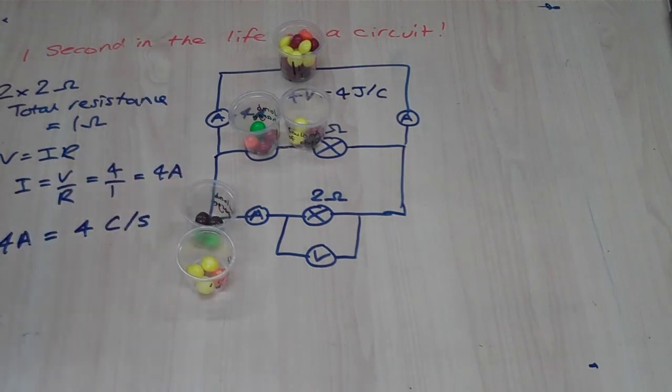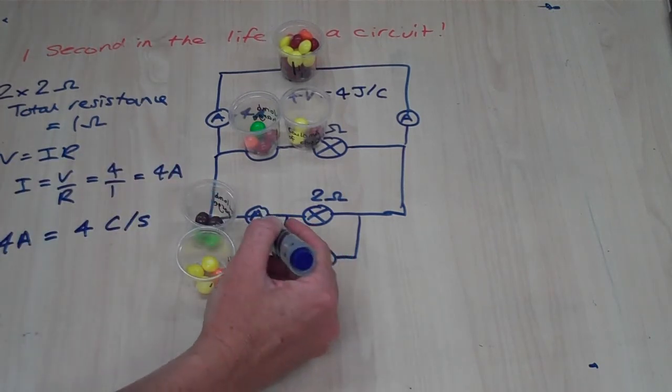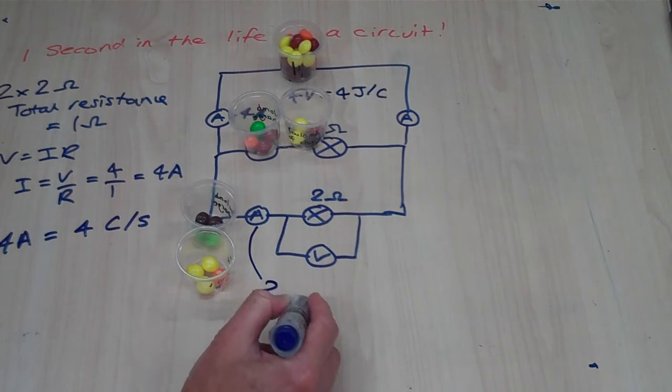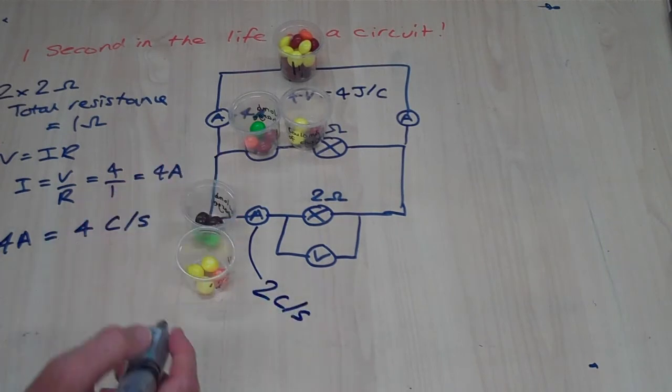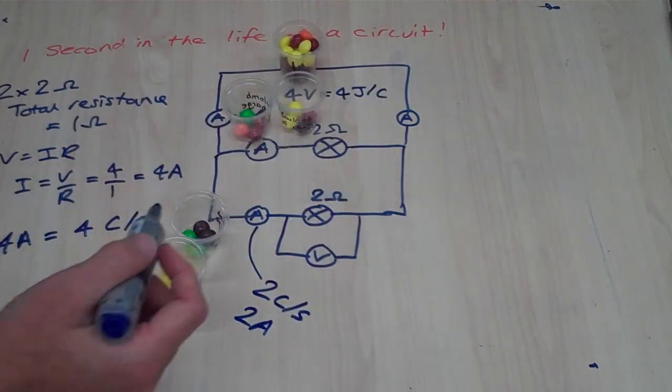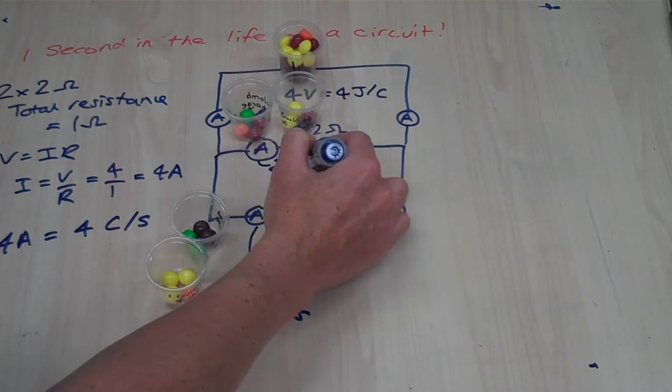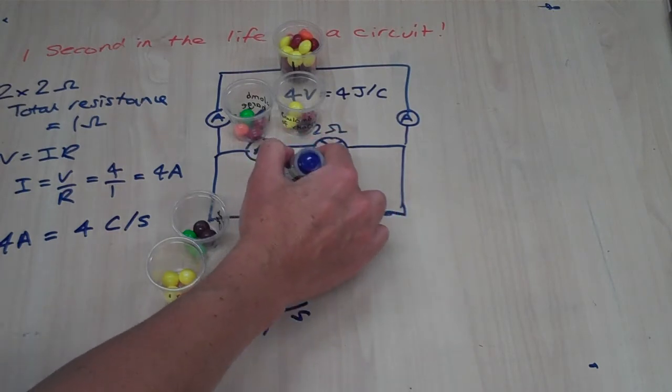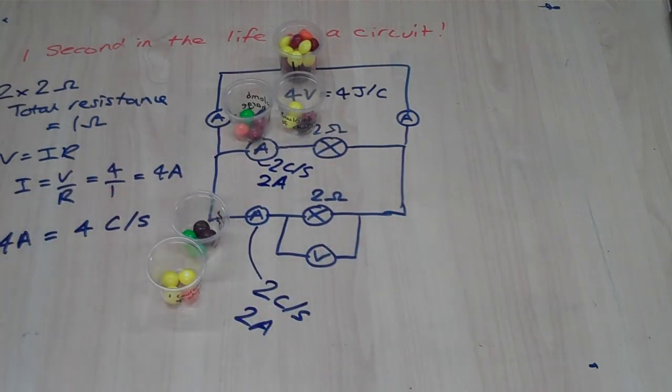If we look at the ammeters, in that 1 second 2 coulombs will go past this ammeter, so that ammeter is measuring 2 amps. And the same for the other ammeter: 2 coulombs per second, or 2 amps, is measured by that ammeter too.